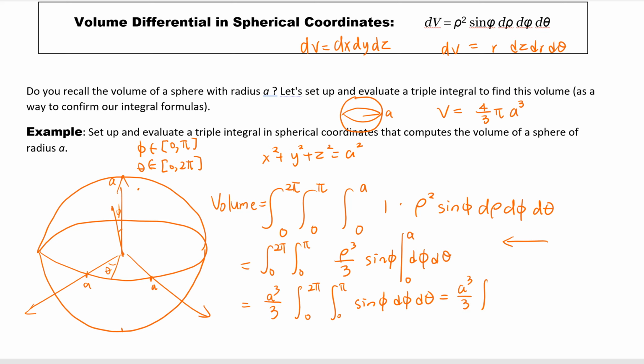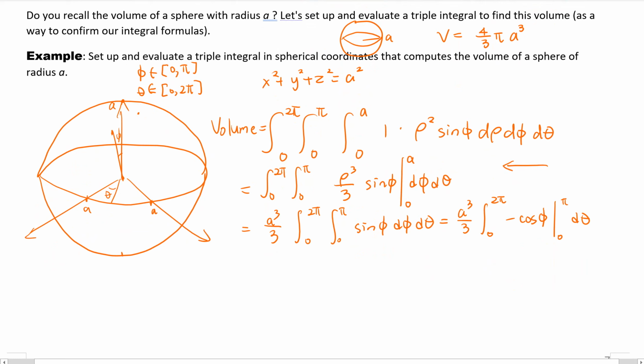All right. So next, the integral of sine phi. The integral of sine phi is negative cosine phi, evaluated from 0 to pi, d theta. Now we have 0 to 2 pi.